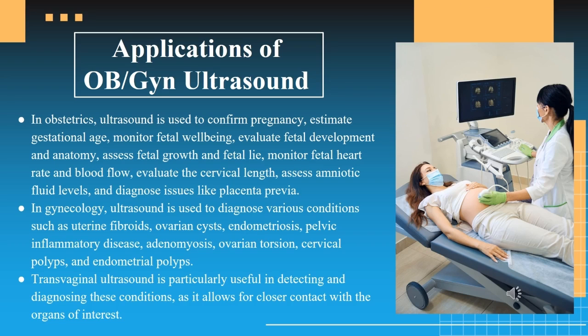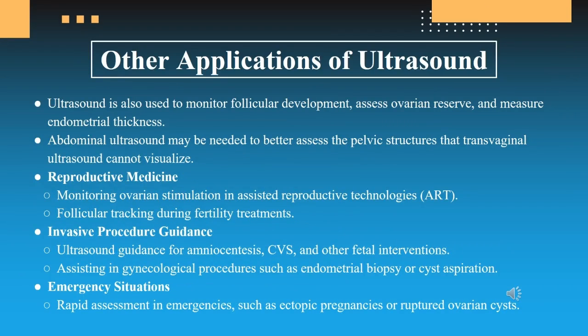Transvaginal ultrasound is particularly useful in detecting and diagnosing these conditions as it allows for closer contact with the organs of interest. Other applications of ultrasound include monitoring follicular development, assessing ovarian reserve, and measuring endometrial thickness.